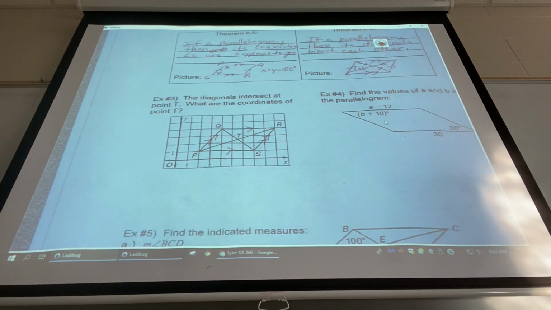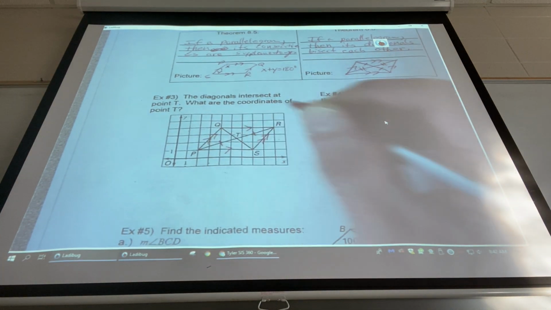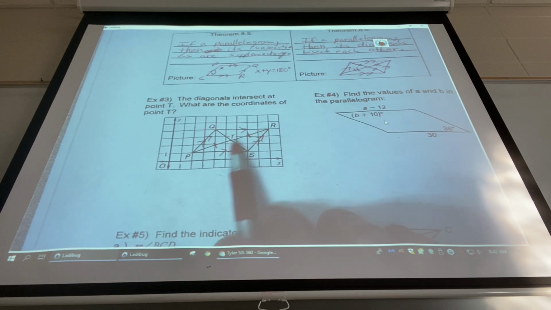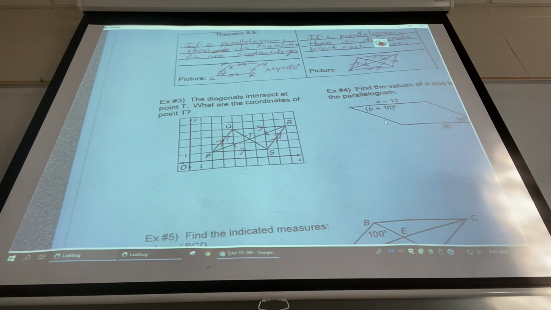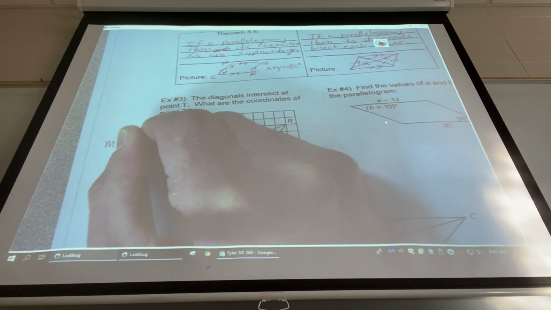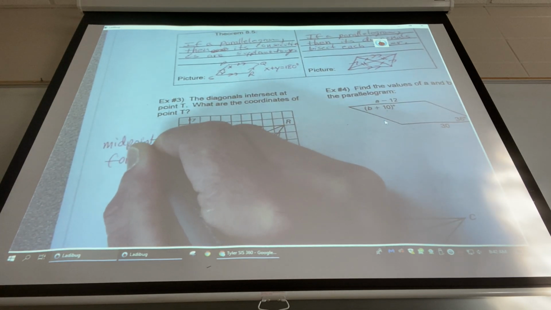But I want to be a little more certain than that. If this measure is equal to this measure, T is the midpoint. We learned a midpoint formula a while back, and it's pretty straightforward. Does anybody remember, given 2 points, how you find the midpoint?